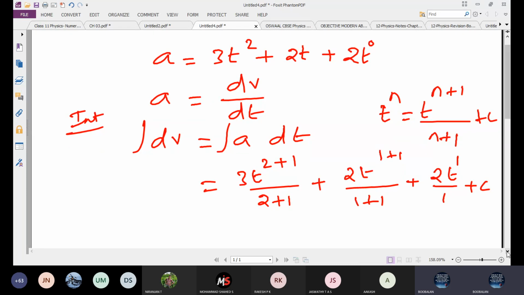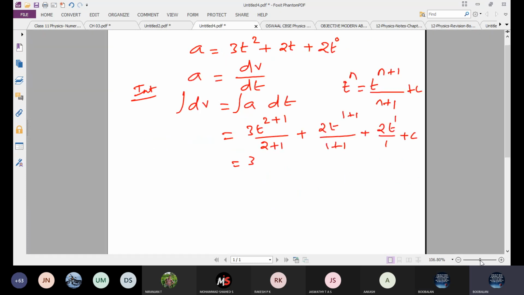Next step. 3t square plus 2t plus 2 integrates to 3t cube divided by 3 plus 2t square divided by 2 plus 2t plus C. Now 2 cancels, 3 cancels.